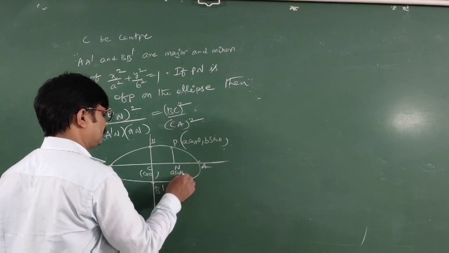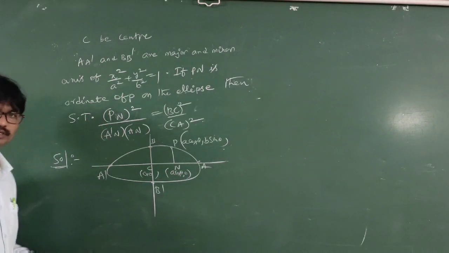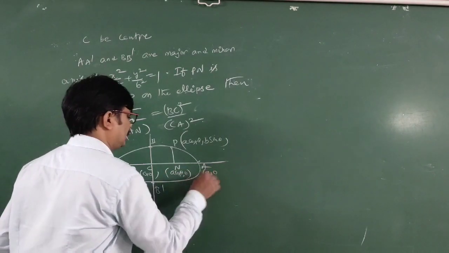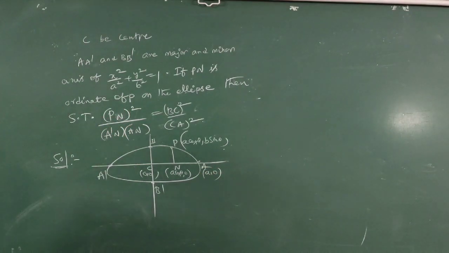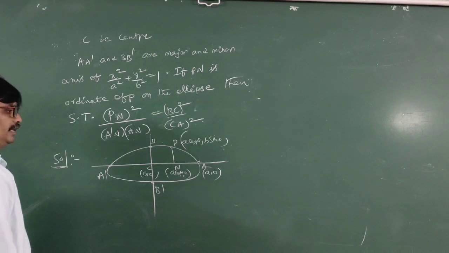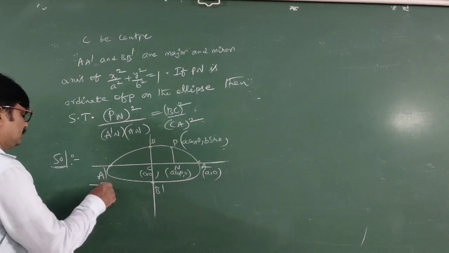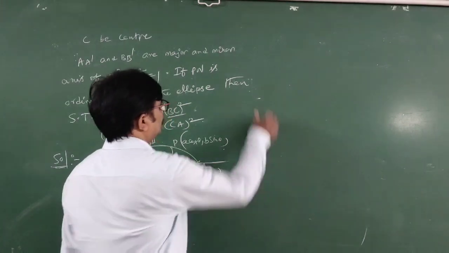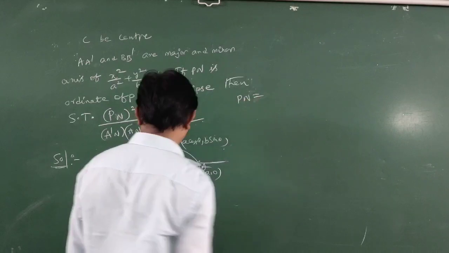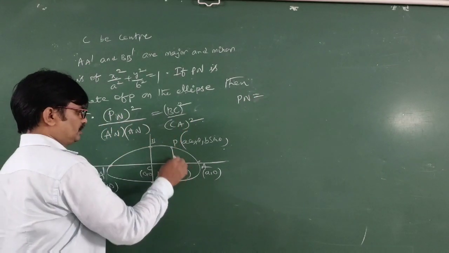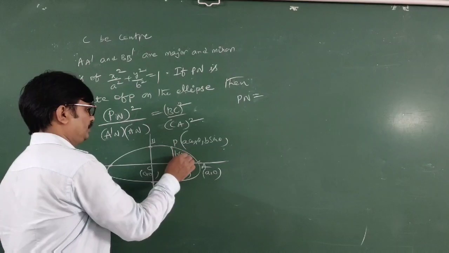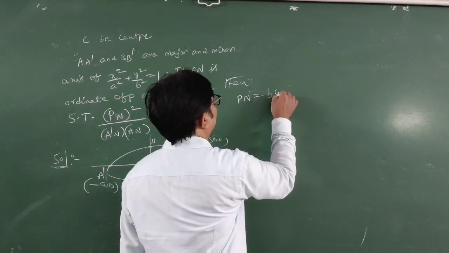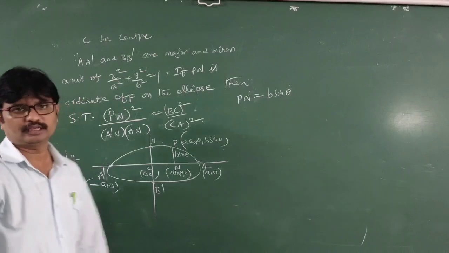N is a cos theta comma 0. This is a comma 0 and this is minus a comma 0. First, Pn is of length b sin theta.